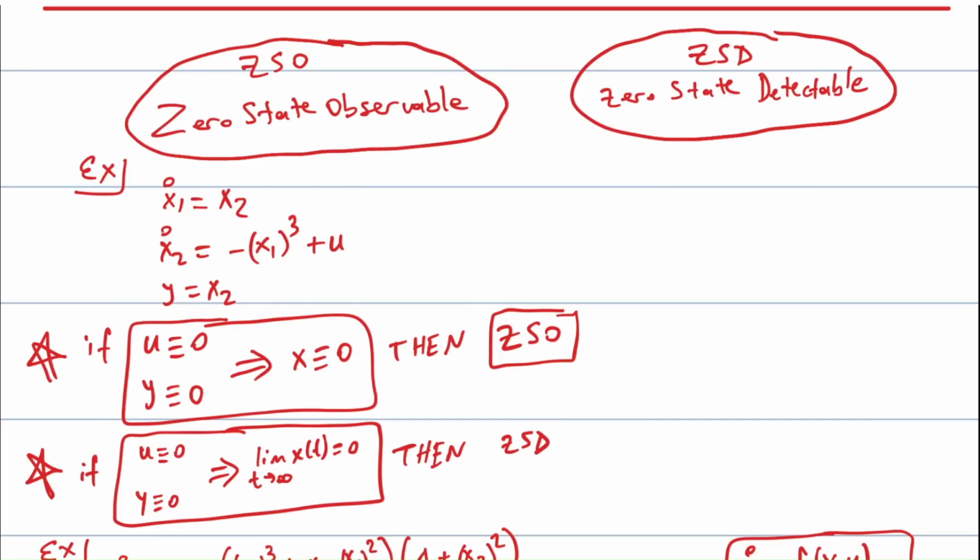Then you look at whether that smaller scale nonlinear dynamical system is asymptotically stable or not. If yes, you will conclude that the given system is zero state detectable.